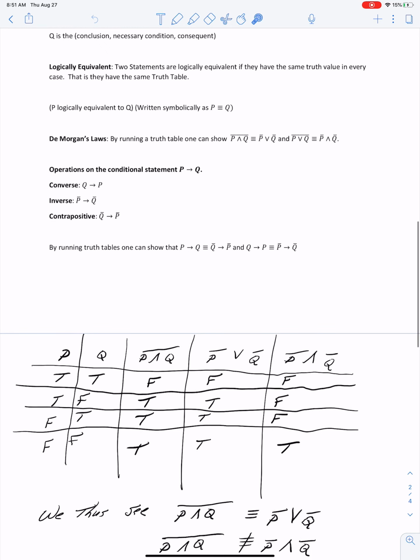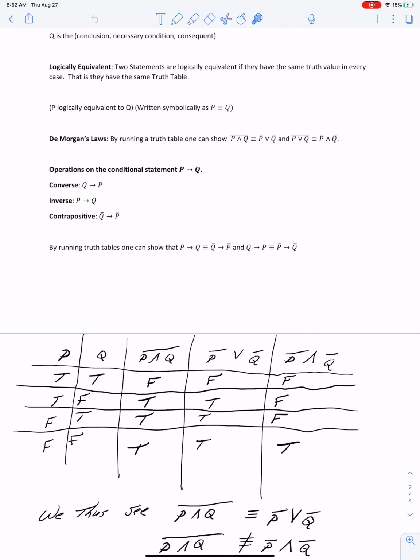Okay, now let's look. Suppose we consider Q implies P as my conditional statement. That's where I start. What is its contrapositive? Well, the contrapositive is gotten by flipping the roles of P and Q and negating. So the contrapositive of Q implies P is not P implies not Q. Get it?